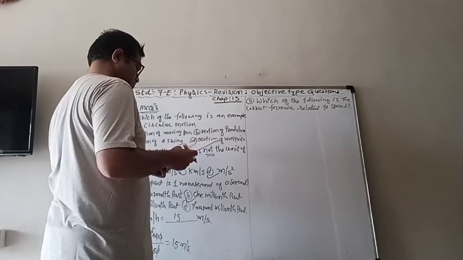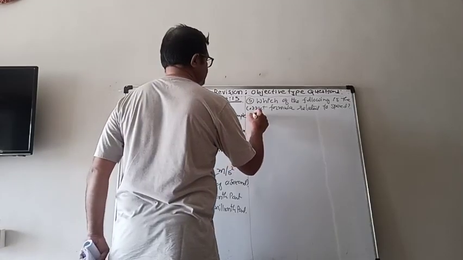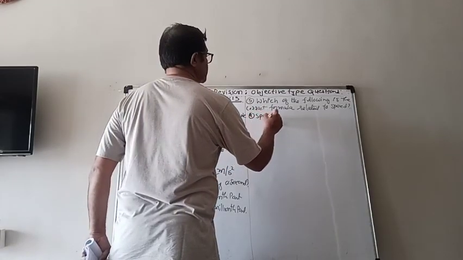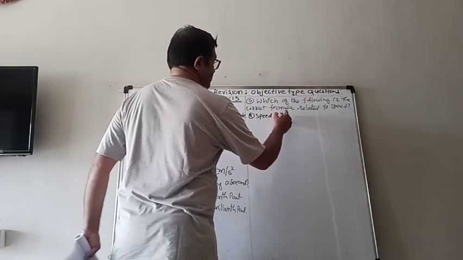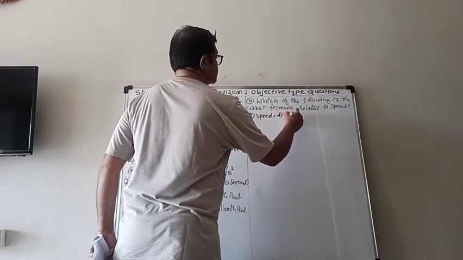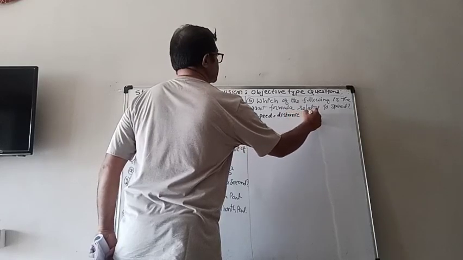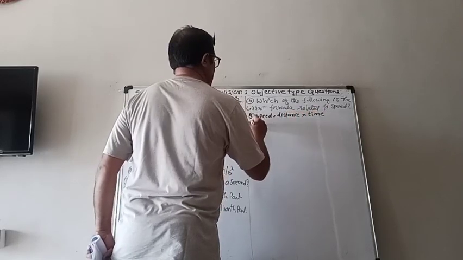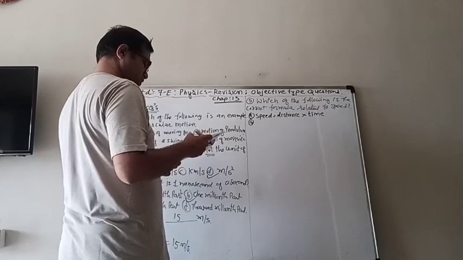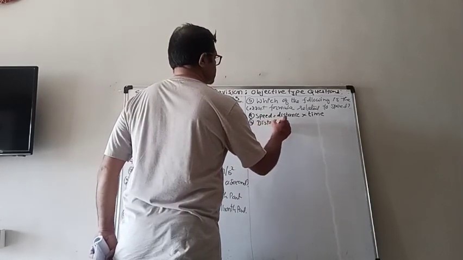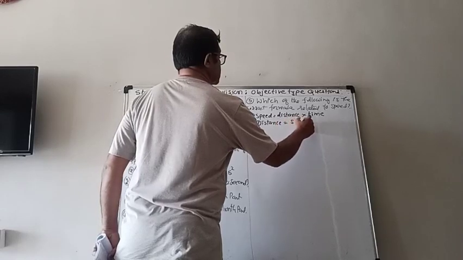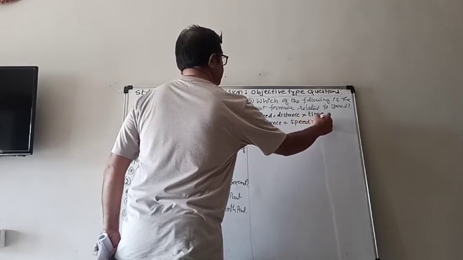First option is speed is equal to distance multiplied by time. Option B is distance is equal to speed multiplied by time.